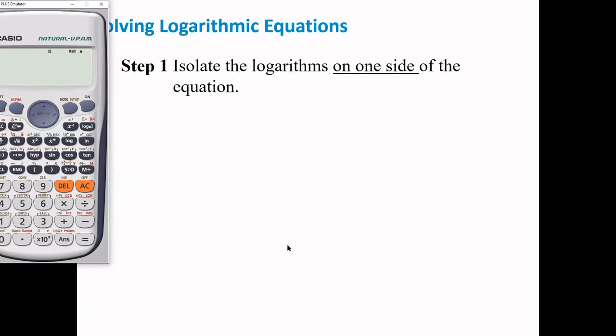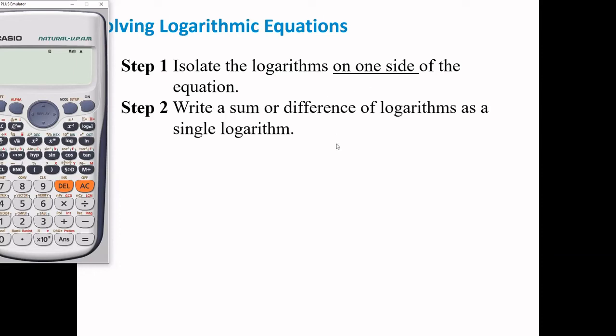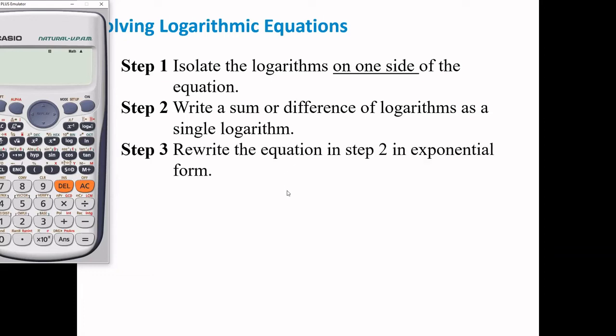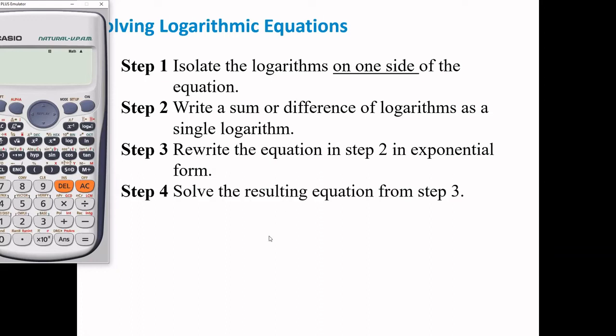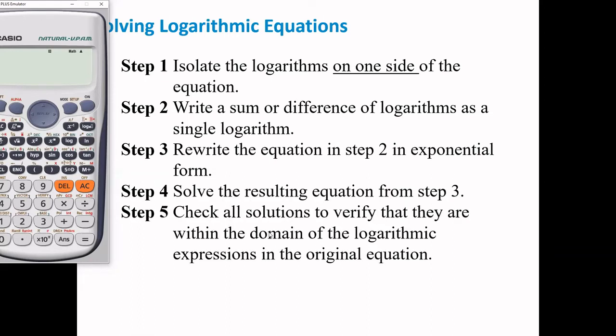Problems like that. Well, here are the steps for solving logarithmic equations. First step, isolate the logarithms on one side of the equation. Write a sum or difference, okay? Change it to exponential form. Check solutions, okay?